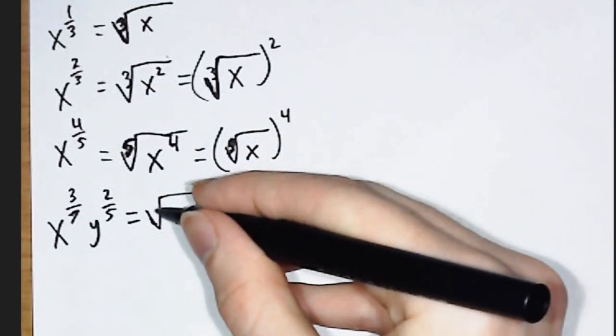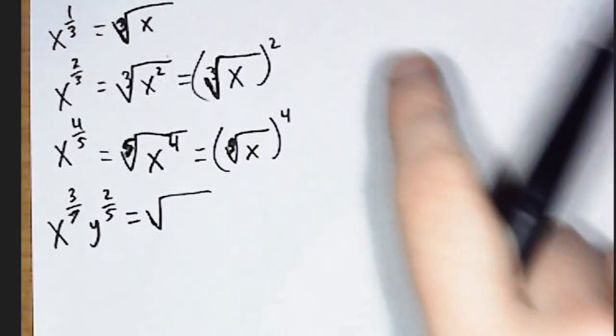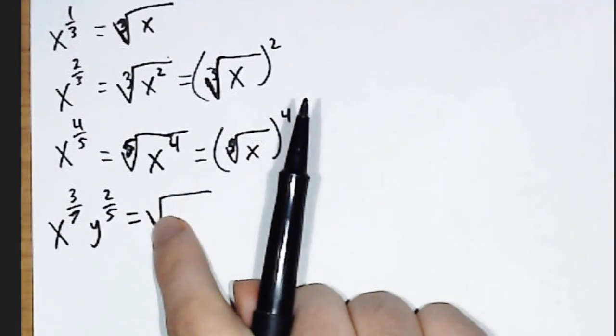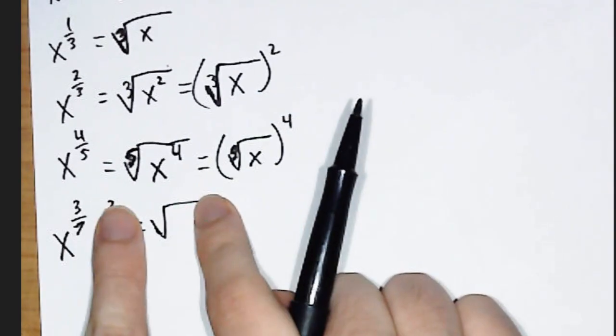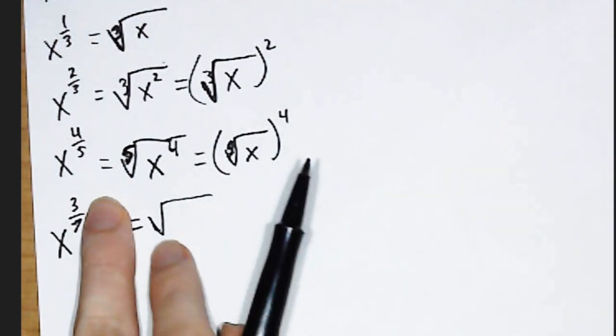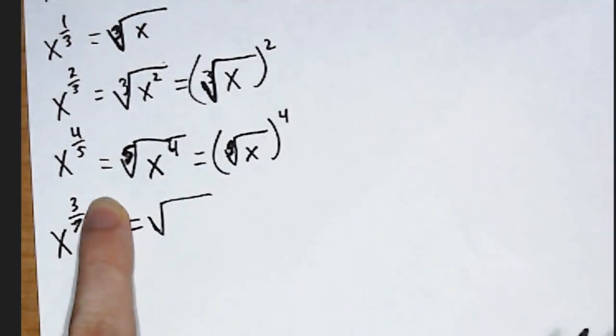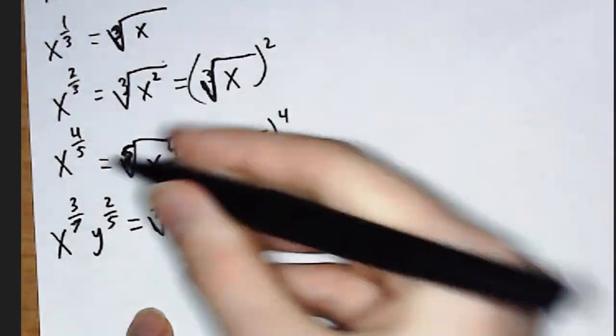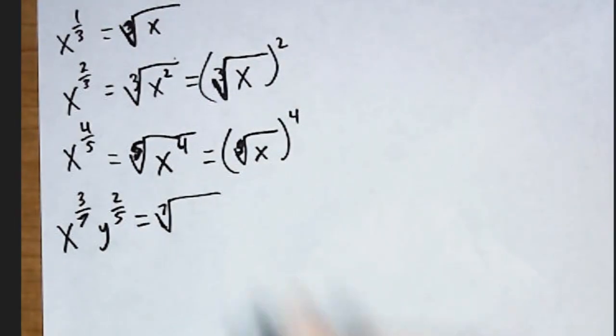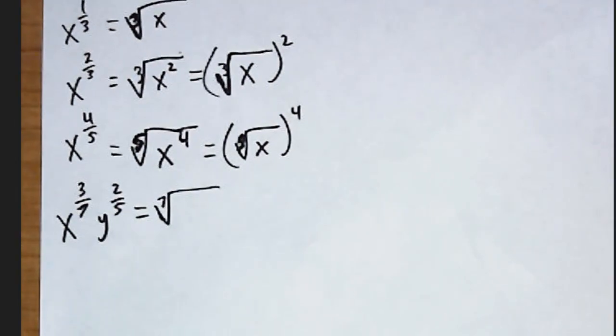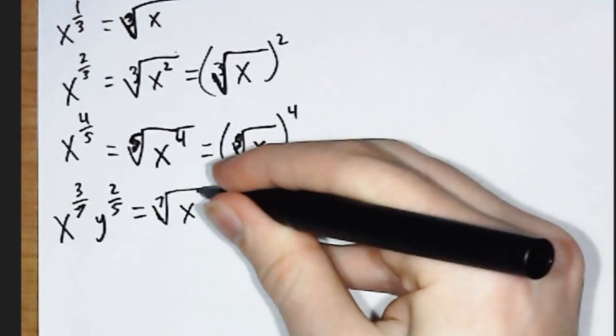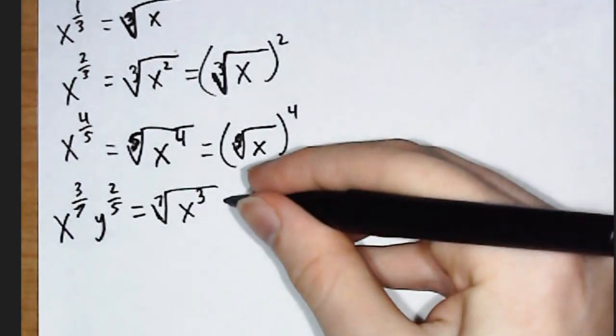If you have no idea, you need to rewind the video, because I want everybody to be able to guess what goes here for x to the 3/7. Again, we're just looking at this part right now. What goes here in the index? Okay, it should be a 7, because the denominator of the rational exponent is 7. And we have x to the 3rd here.